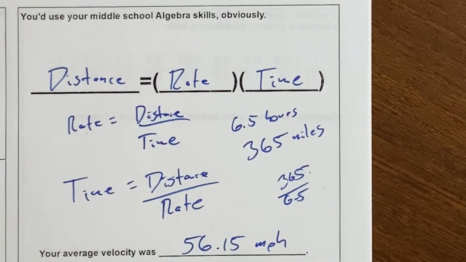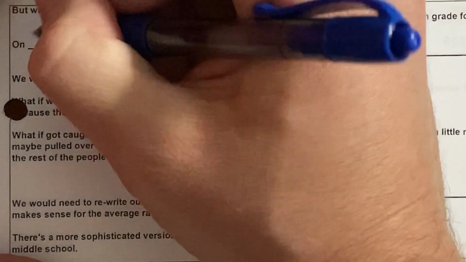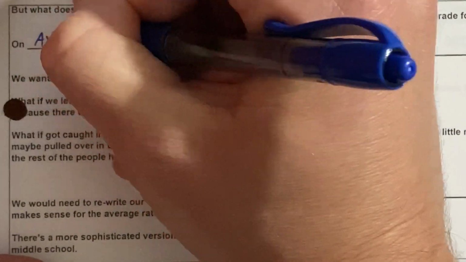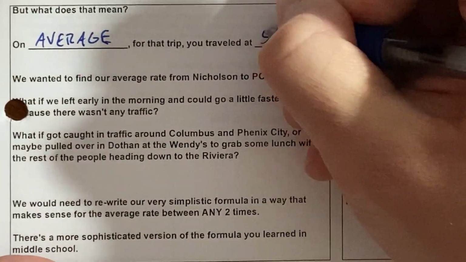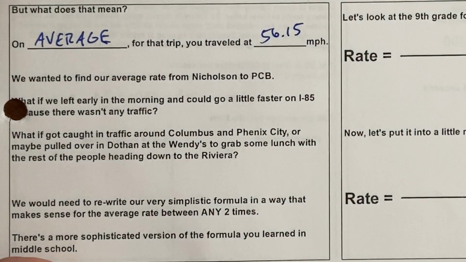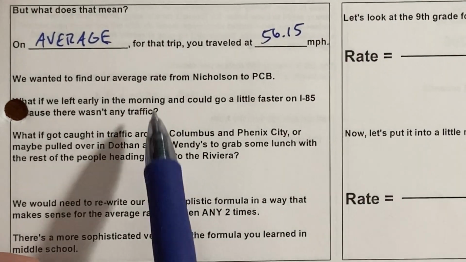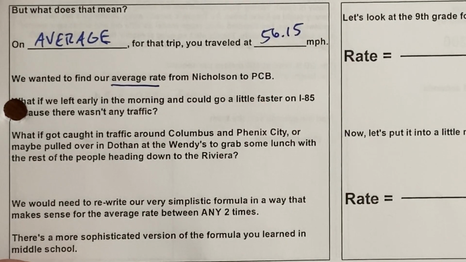So what does that actually mean? Well, that means on average, for that trip, we traveled at 56.15 miles per hour. And we wanted to find our average rate from Nicholson to Panama City.